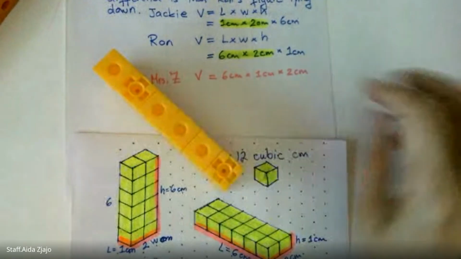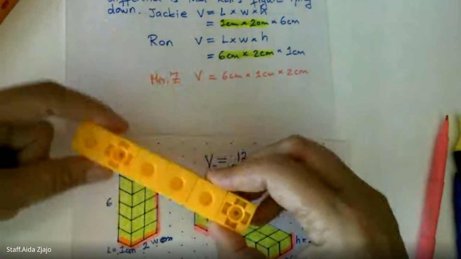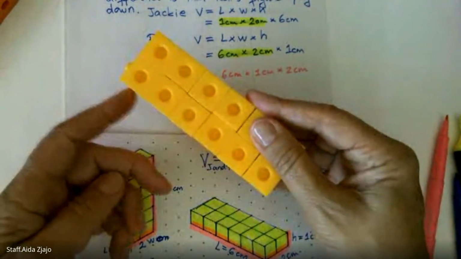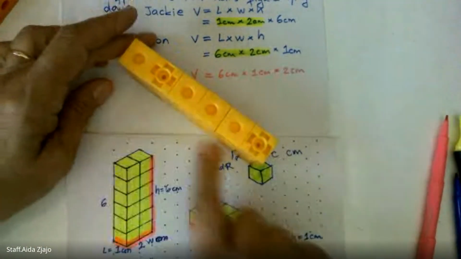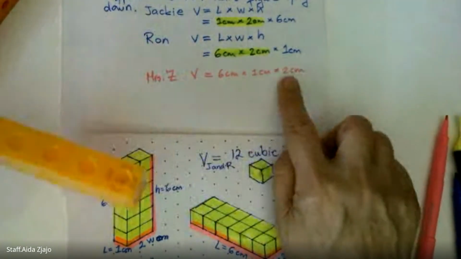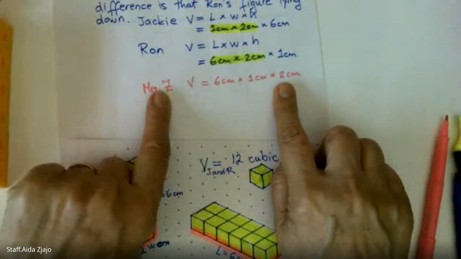My shape stands on a base of 6 units: 6 times 1 is 6. That's my first layer, and the second layer is also 6. The height tells you how many layers there are.